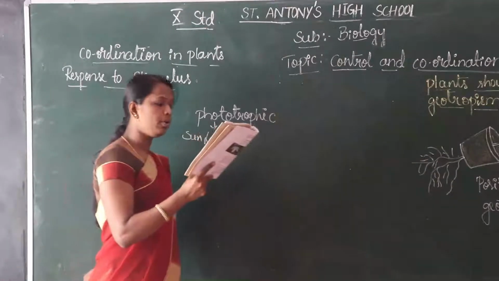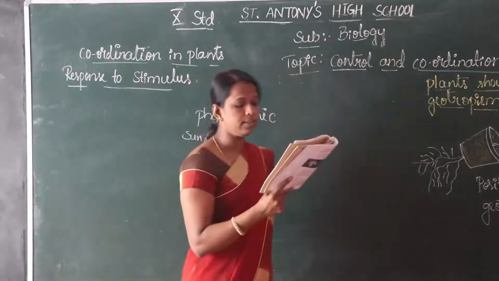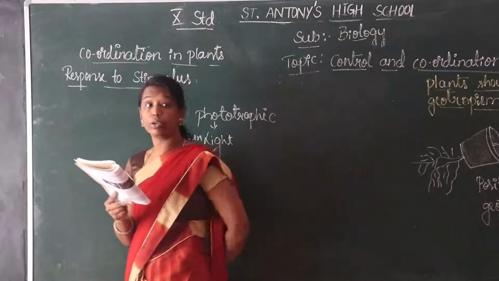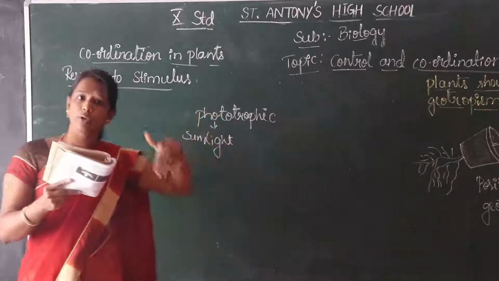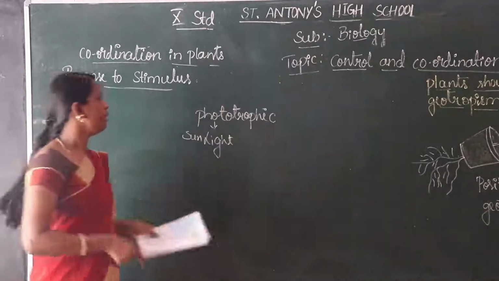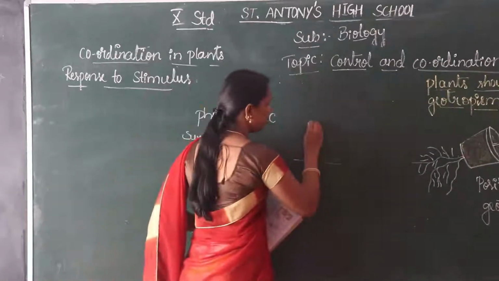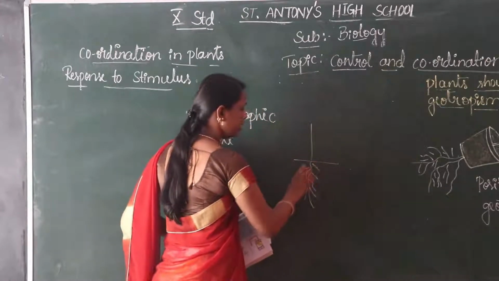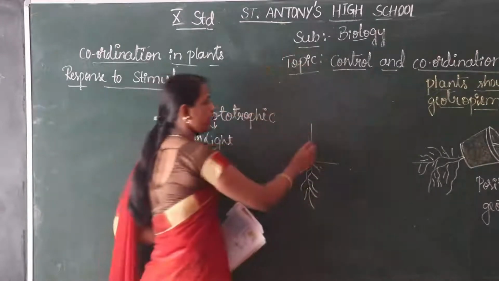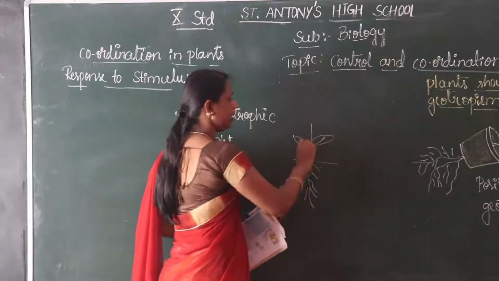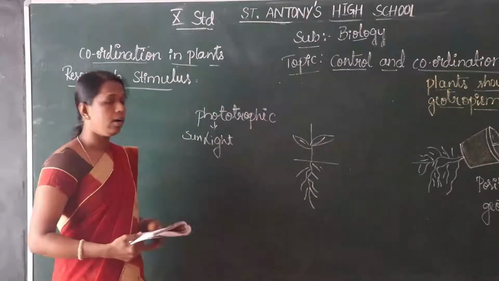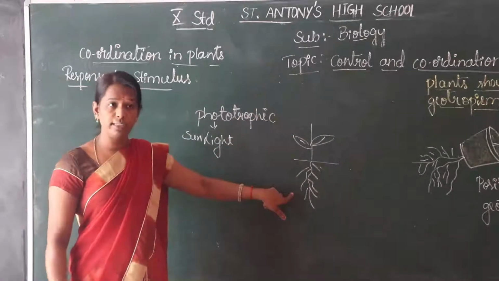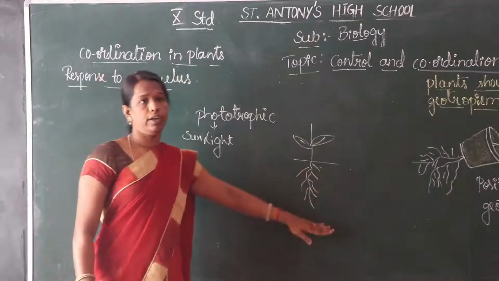Here, plants show tropism in response to other stimuli. The roots of the plants always grow downwards. You know that when we take a plant, the root grows downwards and the stem grows upwards. The stem and other parts grow upwards, whereas the root grows downwards.